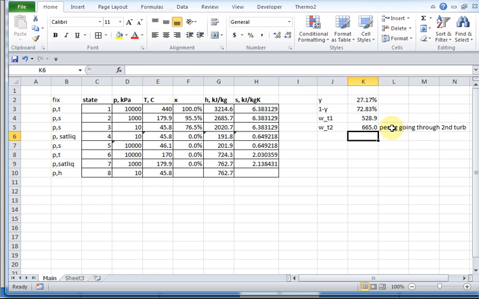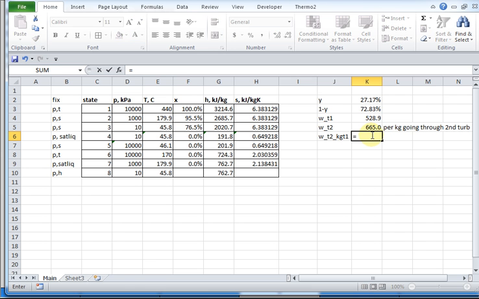Now, but I really want to put everything on per kilogram that went through the first turbine stage. So the work of the second turbine stage per kilogram of turbine 1, if that syntax makes sense to you. And what I do is I say, for every kilogram that went through the first turbine stage, only 0.72 kilograms goes through the second turbine stage.